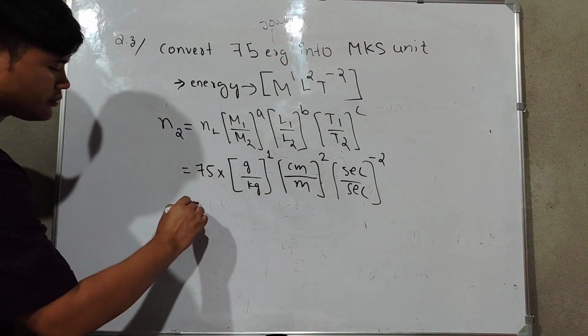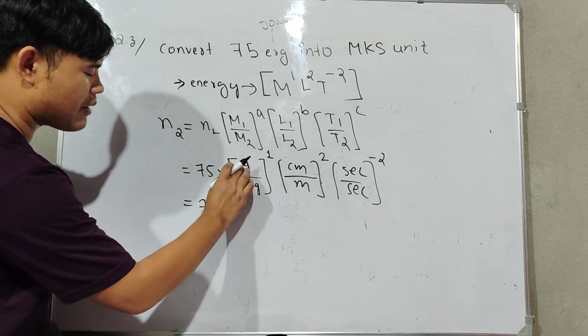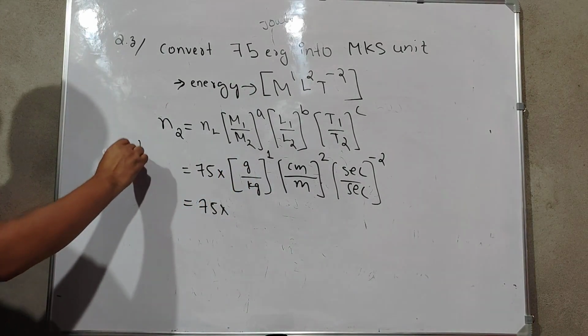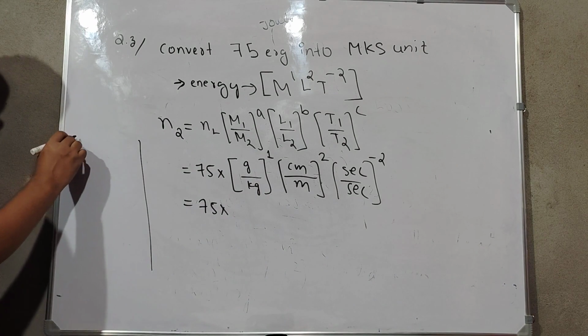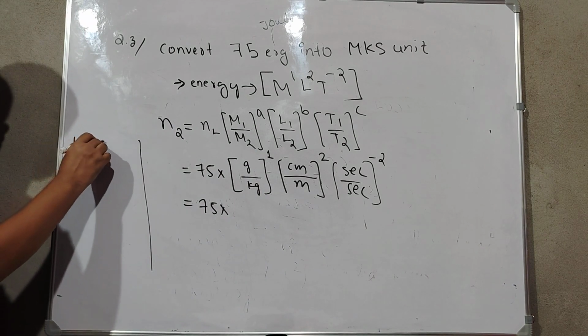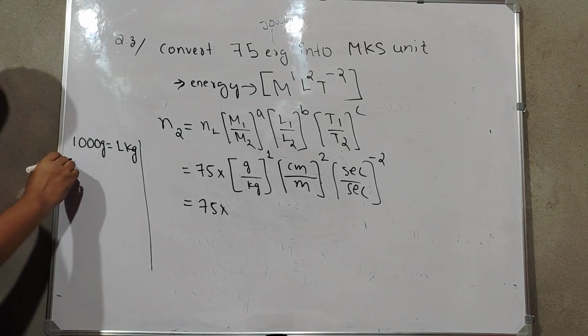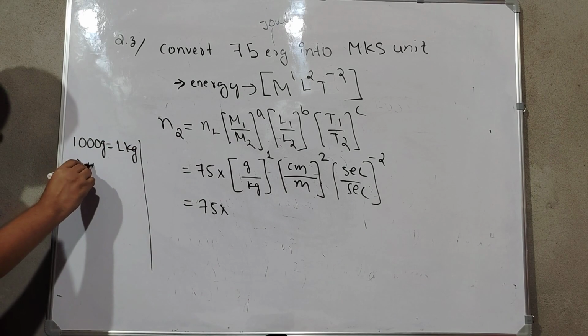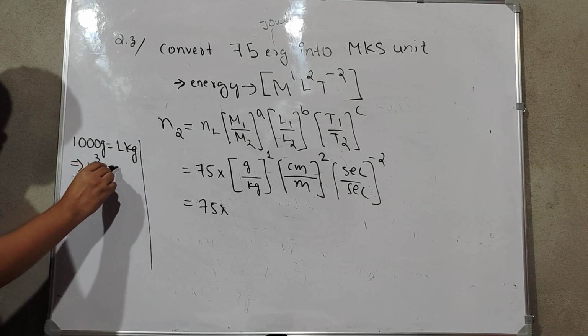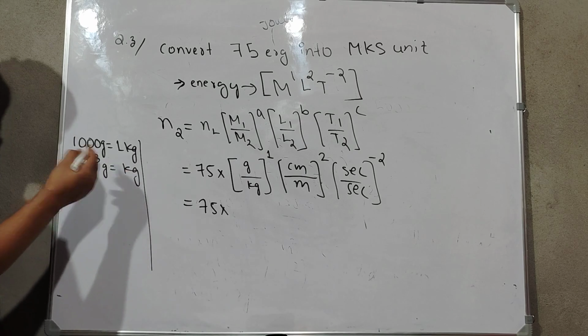So 75 into this gram we have to convert into kg now. You see here, 1000 gram equals 1 kg, right? So 10 to the power 3 gram is equal to 1 kg.